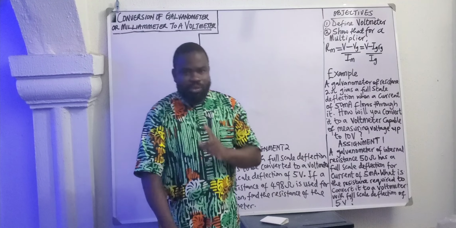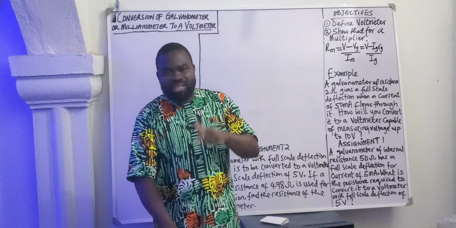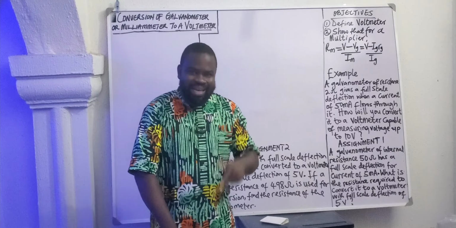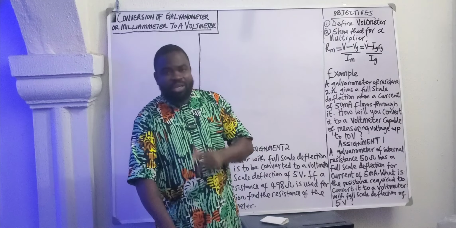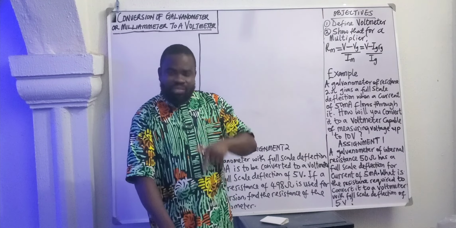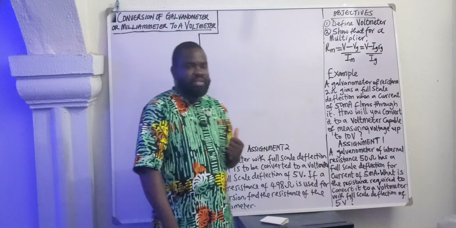Now, there's something I want to clarify. A voltmeter is not the same as a voltameter. Let me say that again. A voltmeter is different from a voltameter. I just defined a voltmeter.